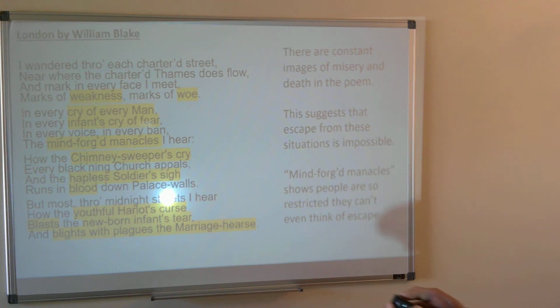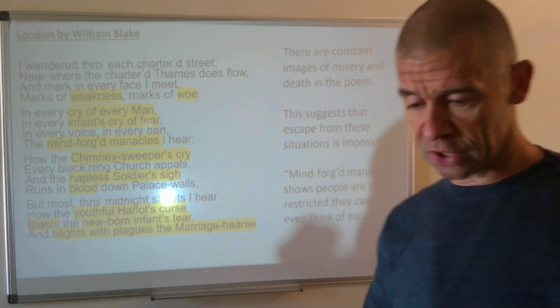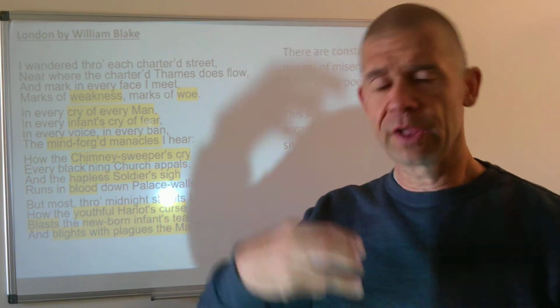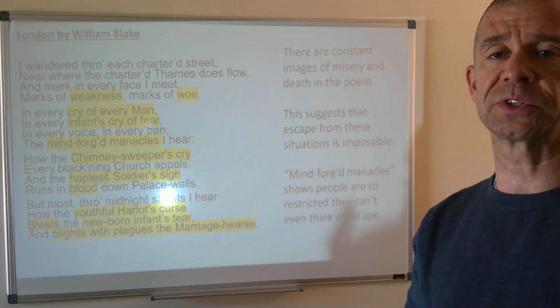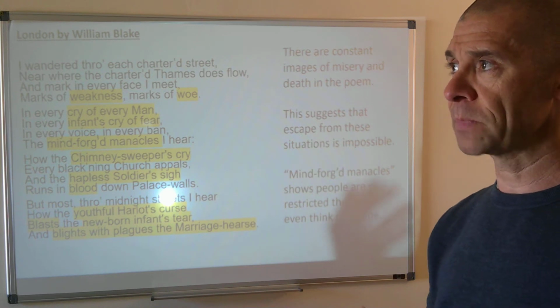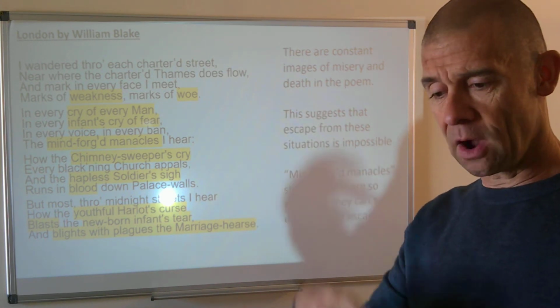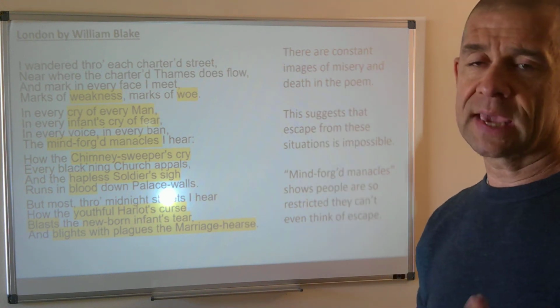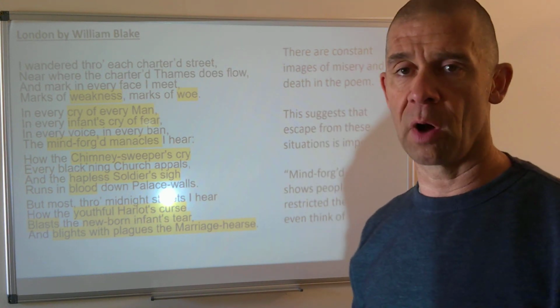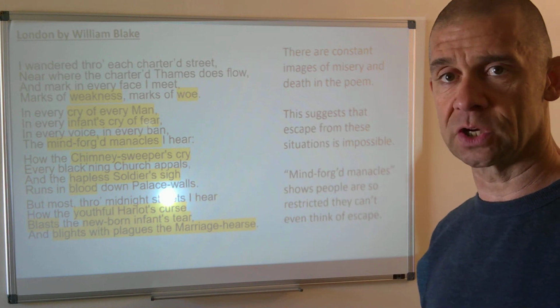In particular, this very famous quote, "mine-forged manacles," shows that people are so restricted they can't even think of a way out. They're almost responsible in Blake's view here for their own slavery or their own imprisonment. They are so downtrodden that they cannot even consider what life might be like in different circumstances.